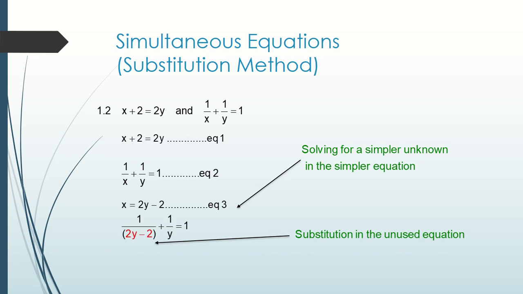So where there was x, now we have 2y minus 2, which is in red. Right. Because you have a fraction and it's difficult to work with fractions for most people, what you need to do is find an LCD, your lowest common denominator, which is simply found by multiplying your denominators.